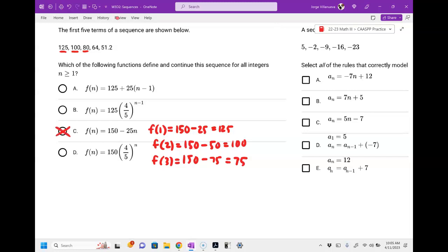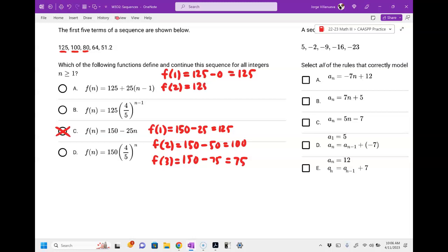All right, since I'd rather avoid fractions, let me try part A. F of 1. That'd be 125 minus, well, 1 minus 1 is 0, so that would be a 0 here. So that's 125. That seems to be working okay so far. Let's try f of 2.